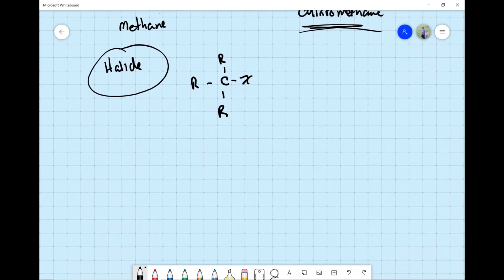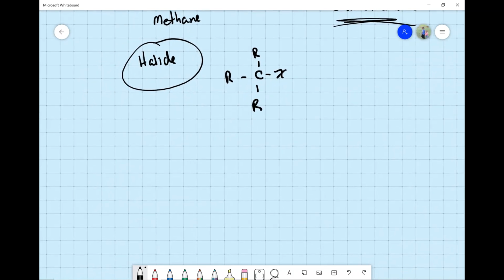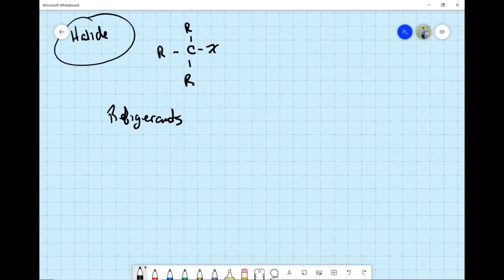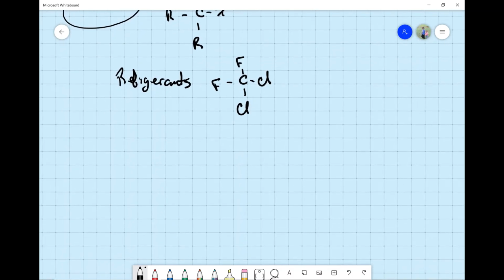Other halides are like refrigerants. An example refrigerant halide would be a mixture of fluorine and chlorine. This would be in gaseous form.